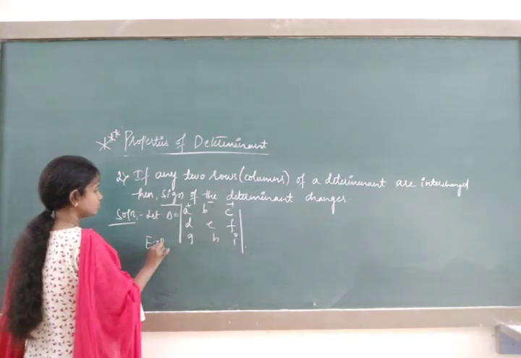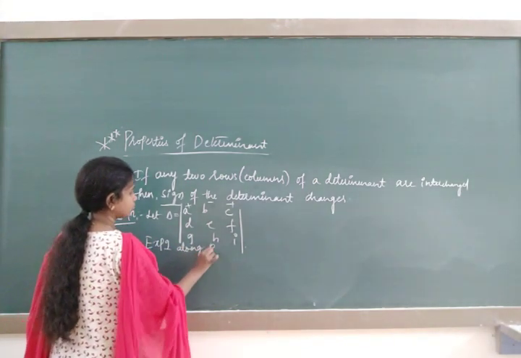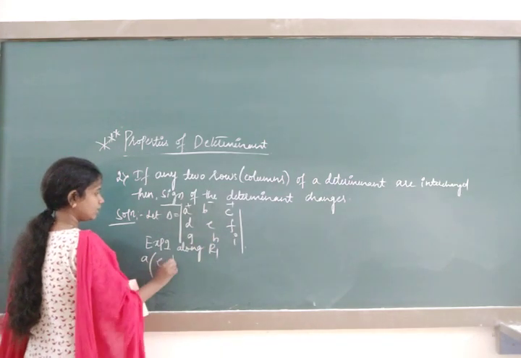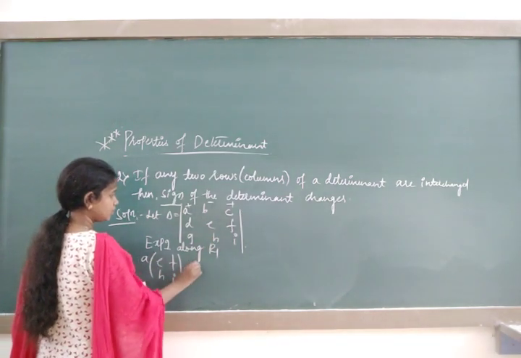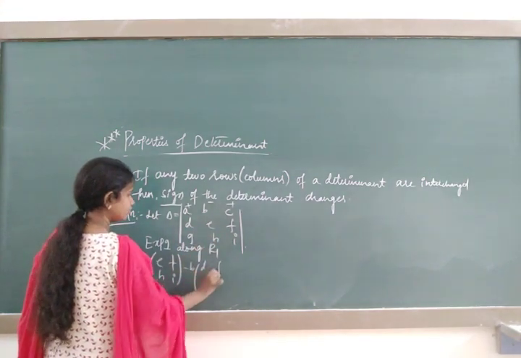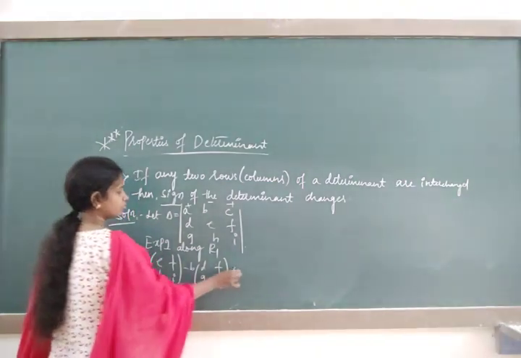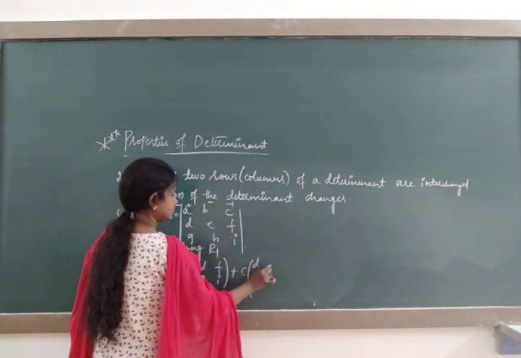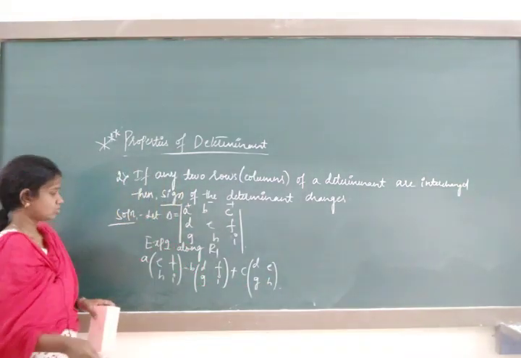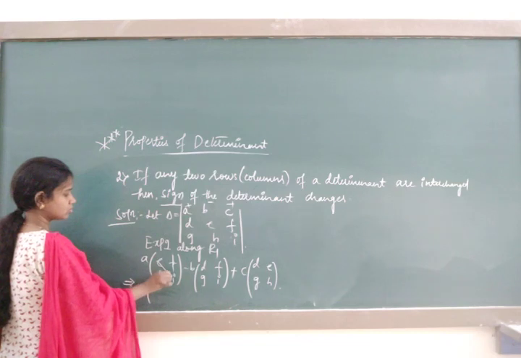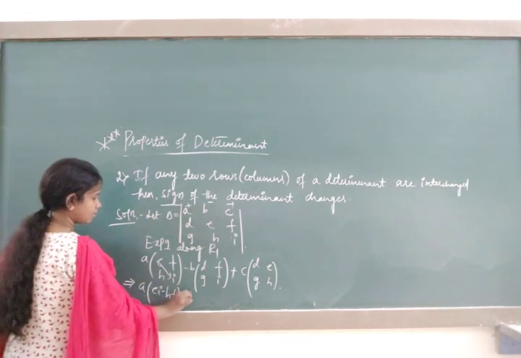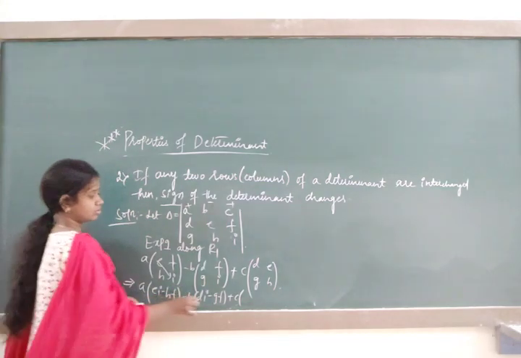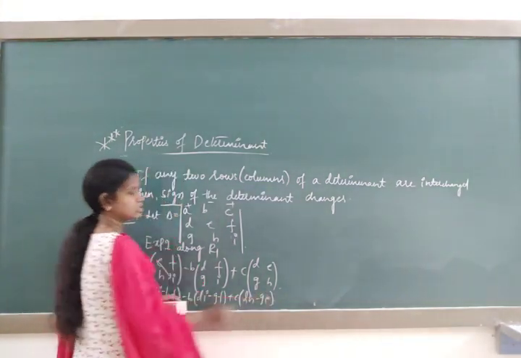Write this one as expanding along R1. A of, A is present in the row and column, remained with E, F, G, H, I, minus B of, now this will be eliminated, D, F, G, I, plus C of, now the last will be eliminated, D, E, G, H. So multiply or expand this one, it's a 2 cross 2, E, I minus H, F, minus B of DI minus GF, plus C of DH minus GE.